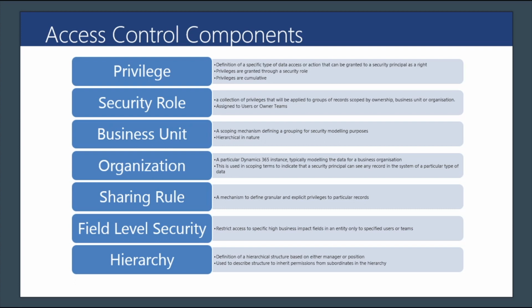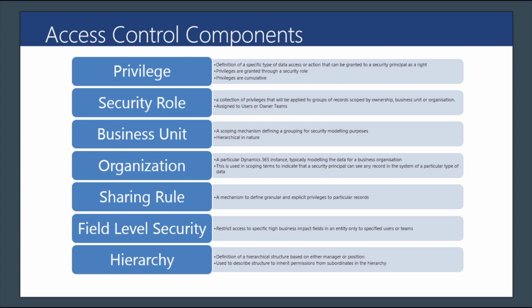Organization level. So again, for a particular Dynamics 365 instance, this is going to model the data for the business organization. Again, it's used as a scoping mechanism as to whether a user has the ability to view records organization-wide of a particular type, or whether it's going to be scaled down a bit. And again, that's tied to the definition of the entity when it's created within the system.